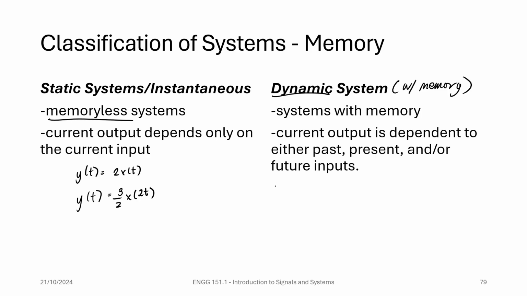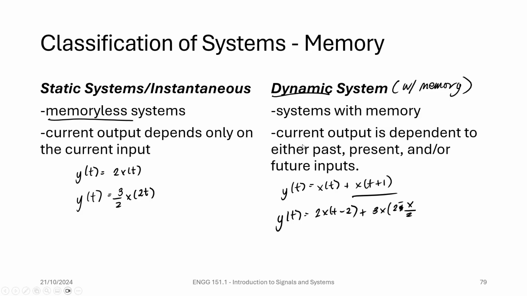Whereas for a dynamic system, let's say y of t is equal to x of t plus x of t plus 1. Meron tayong advance na involved, so meron tayong dependency sa future input because of x of t plus 1. Likewise, say 2x of t minus 2 plus 3x of 2 minus t.